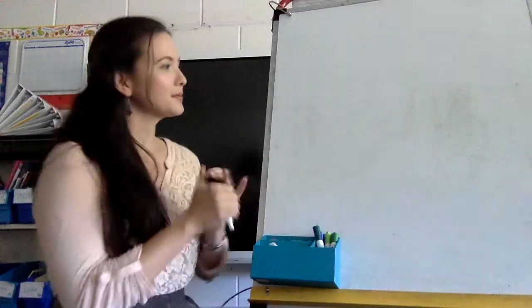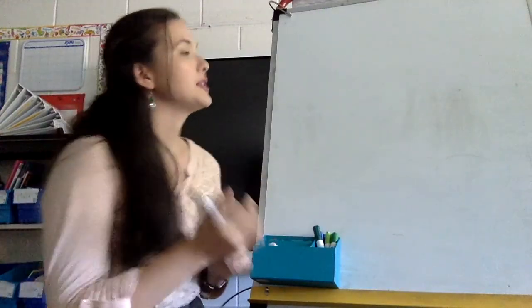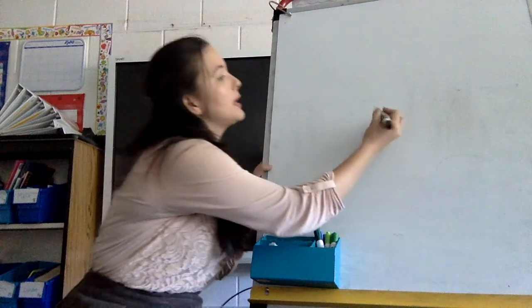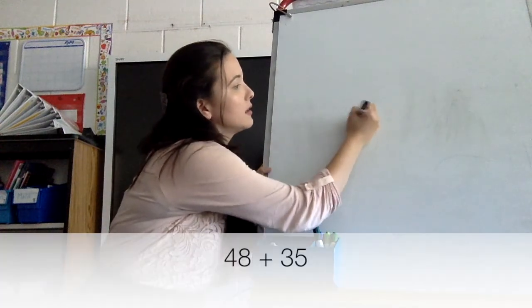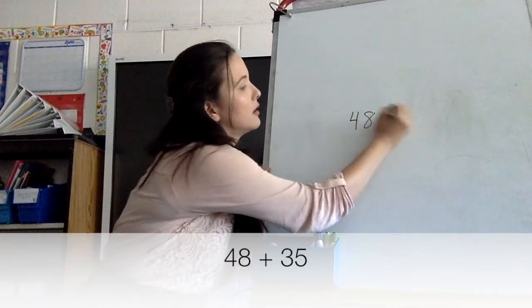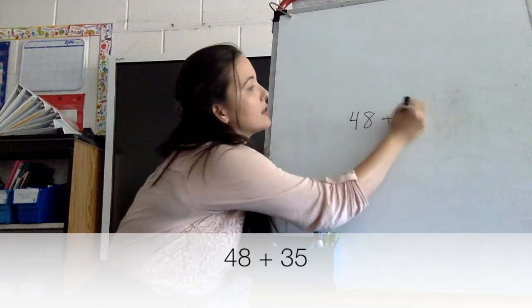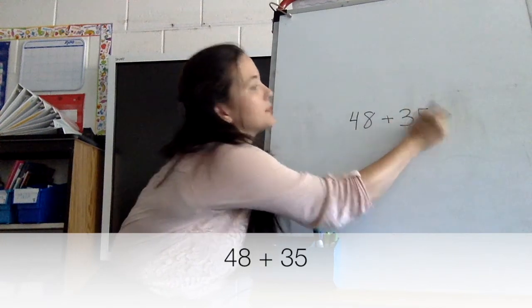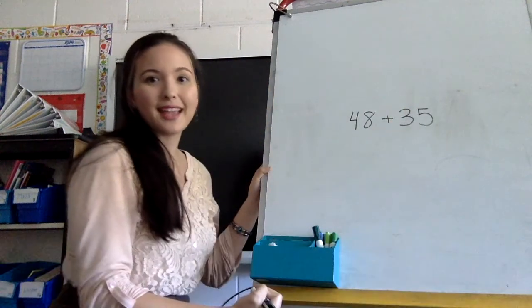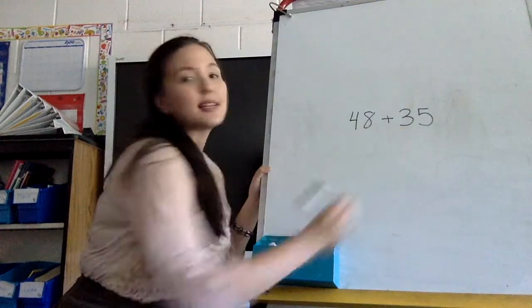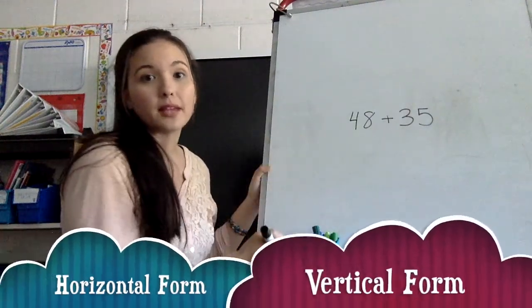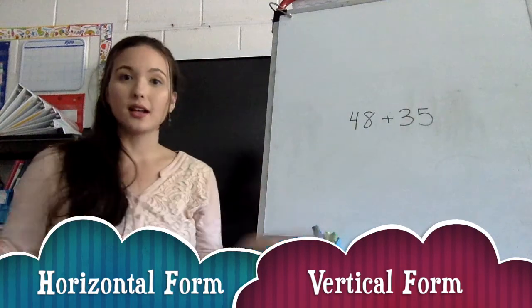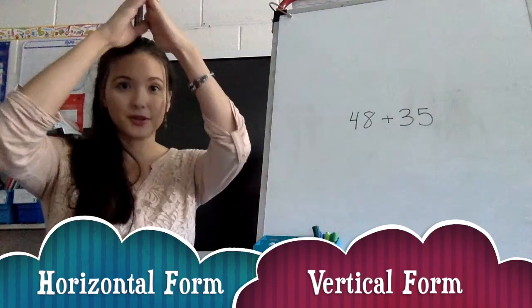So the problem that we're going to do right now will be 48 plus 35. Okay? We need to write this number in vertical form. Right now it is in horizontal. We're going to write it in vertical.